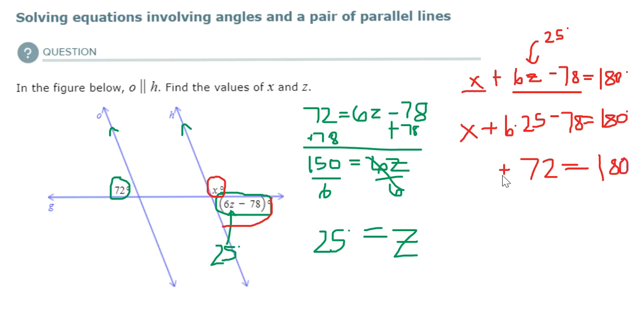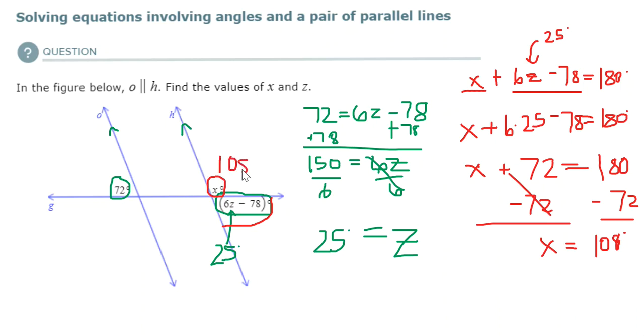And so I'm going to subtract 72 from 180, which, let's see, is going to come out to, I believe, 108. And so this measure here is 108 degrees.